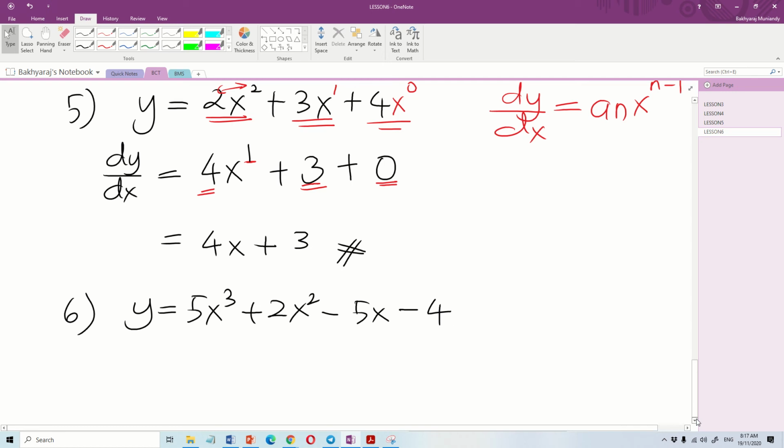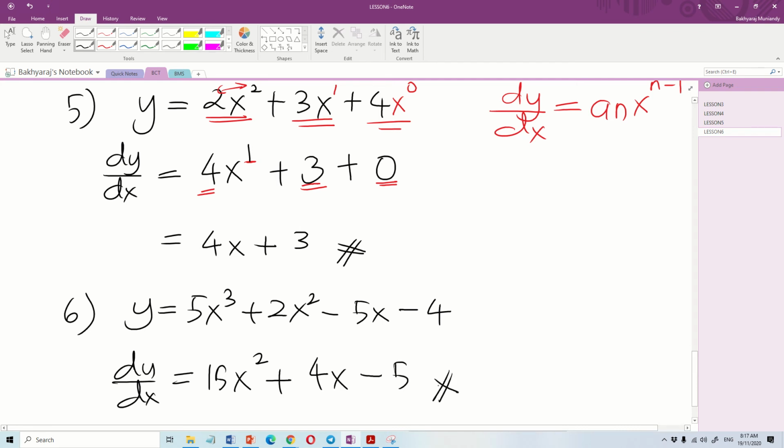Okay, so can anyone share your answer? dy/dx equals, correct, 15x to the power of 2, plus 4x minus 5. This is the answer. 5 times 3 is 15. Then 3 minus 1 is 2, and 2 times 2 is 4.